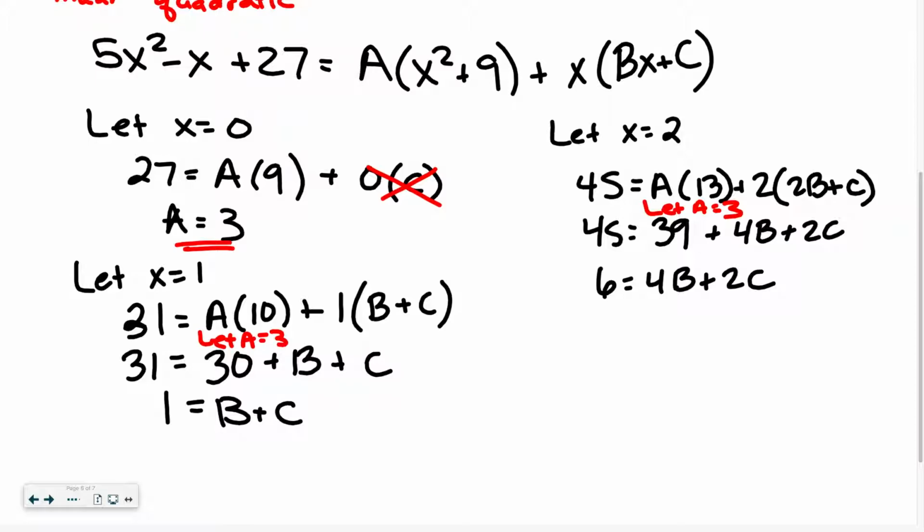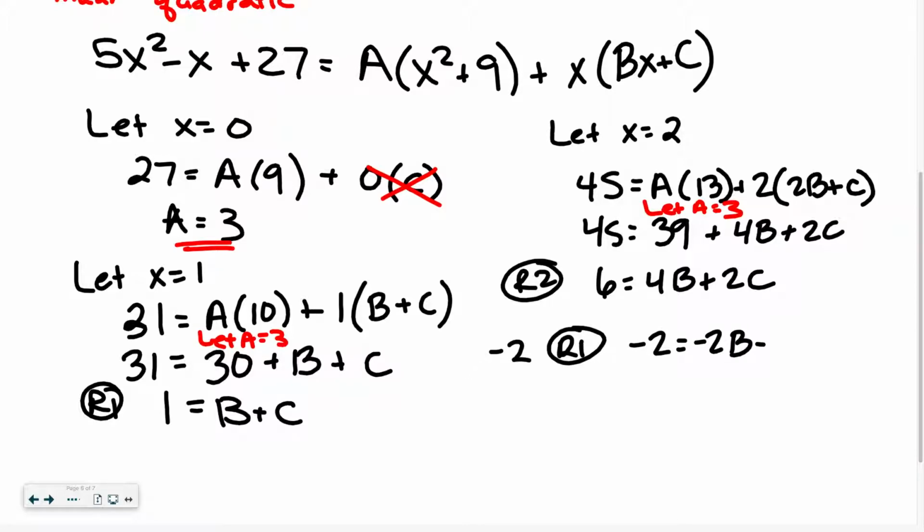Okay, so now I just have to solve a system. We could call this row 1 and this row 2. So I might take row 1 times -2: -2 equals -2b minus 2c. And 6 equals 4b plus 2c.